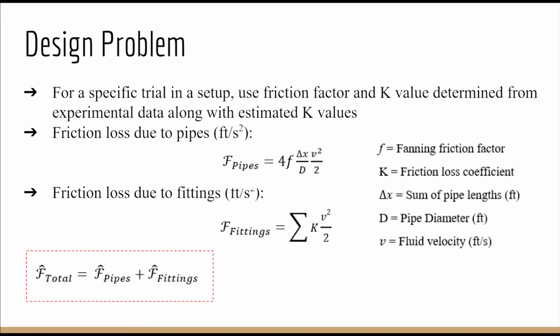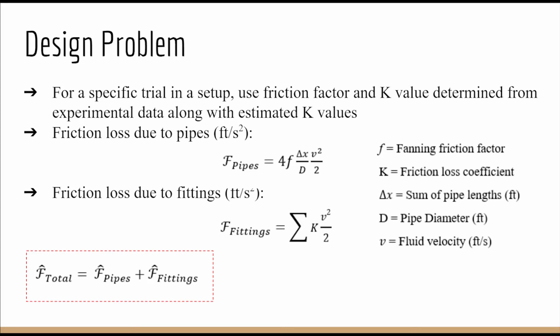And because the velocity is constant throughout the system, the equation can be simplified to be V squared over 2 multiplied by the sum of all of the K values times the number of each fitting's occurrence in the system. The total friction is equal to the friction loss of the pipes plus the friction loss from the fittings.